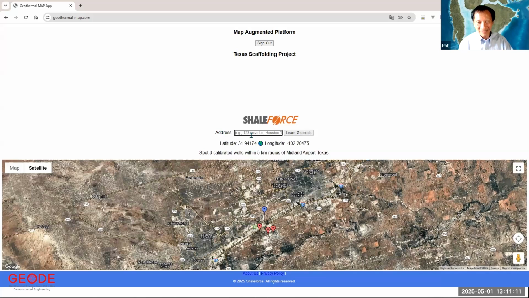Now, I only use calibrated geothermal wells. But remember, if I use oil and gas wells in the back, I might have 452 wells around that Midland Airport. So again, this is very flexible, but if I start mixing the oil and gas, I get overwhelmed.